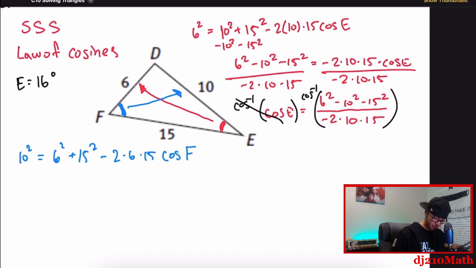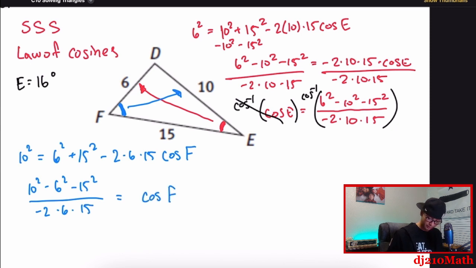10 squared minus 6 squared minus 15 squared. All I did was subtract 6 and 15 like before. And then I'm dividing by negative 2 times 6 times 15. This is equal to cosine F. You could do the math on that.